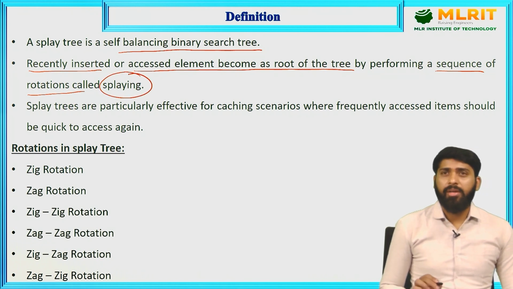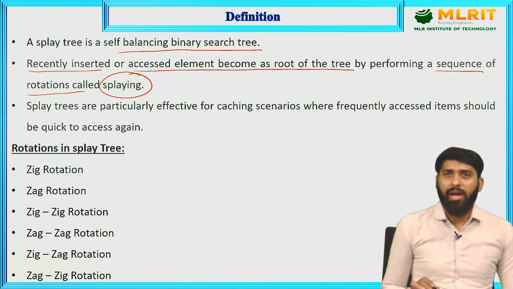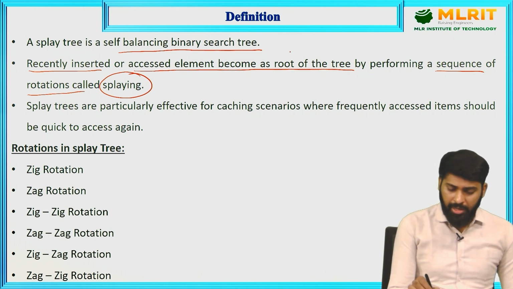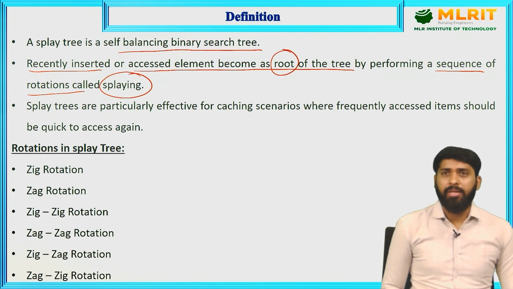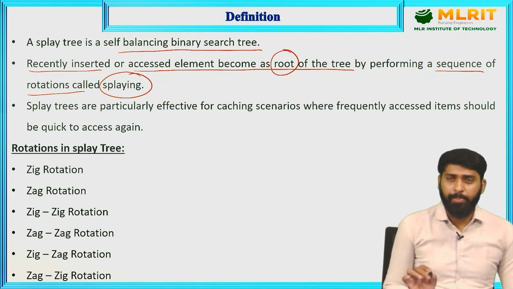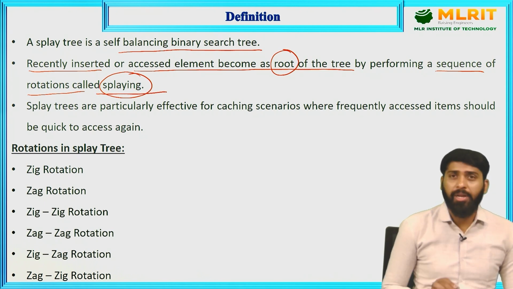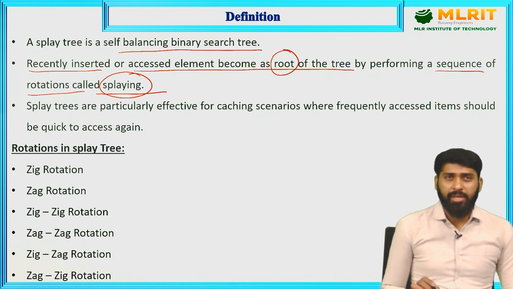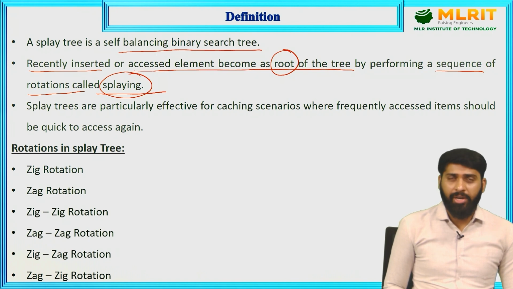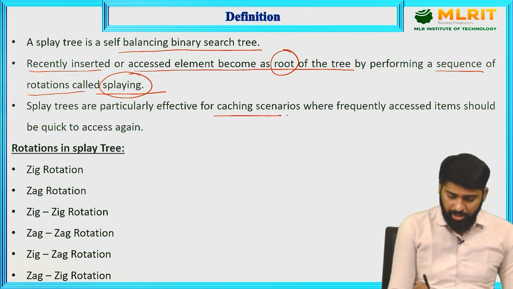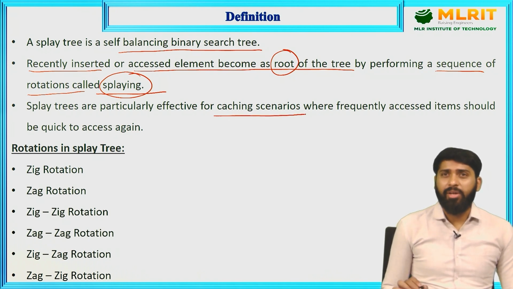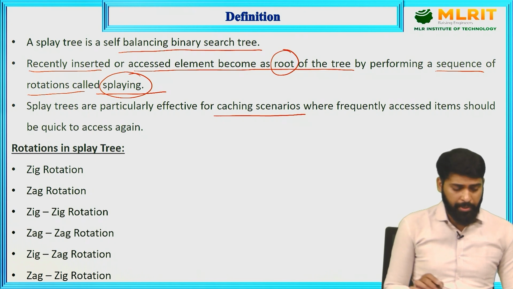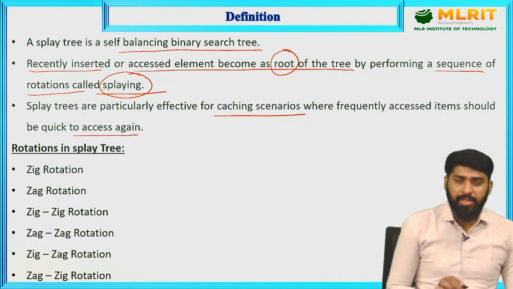So splay trees are particularly effective for caching scenarios where frequently accessed items should be quick to access again.